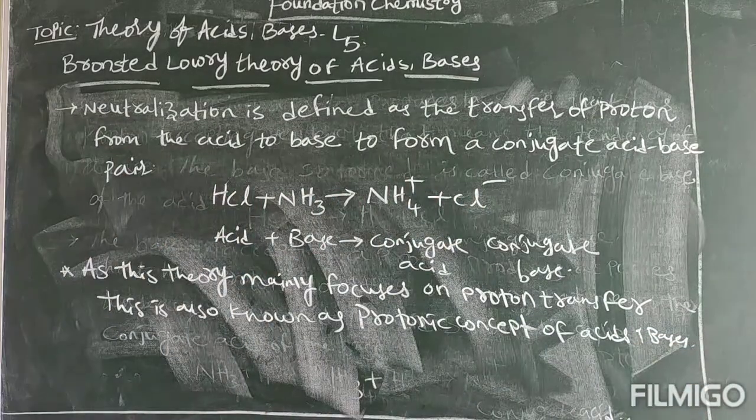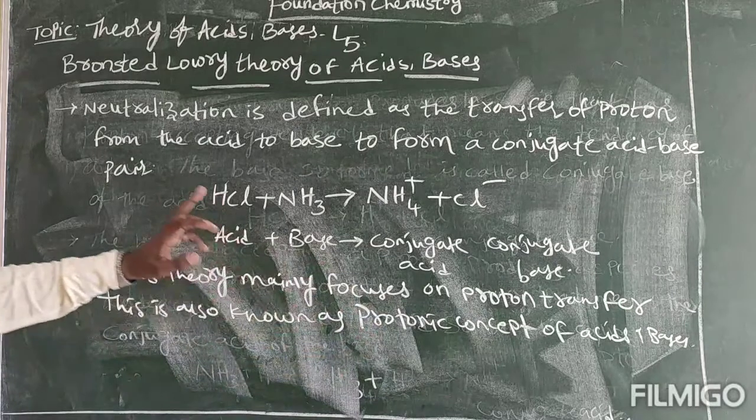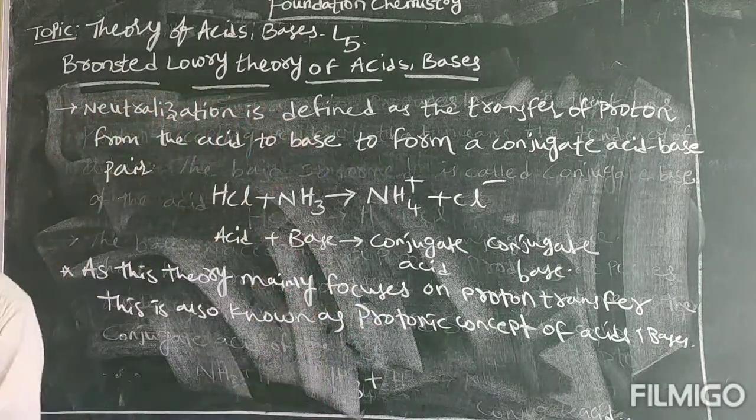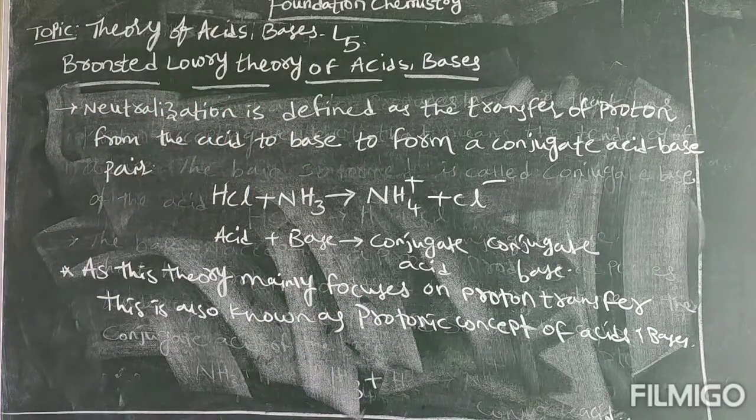Which theory is also called the protonic concept of acids and bases? It means Bronsted-Lowry theory of acids and bases. Okay, so this is a brief regarding the Bronsted-Lowry theory of acids and bases.